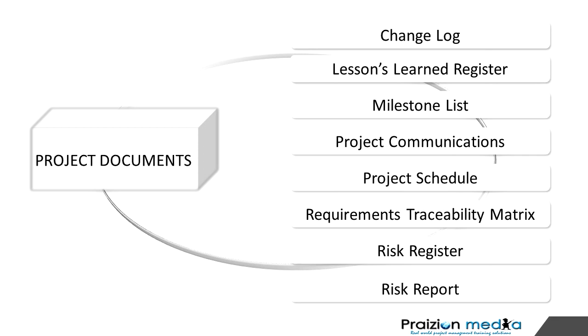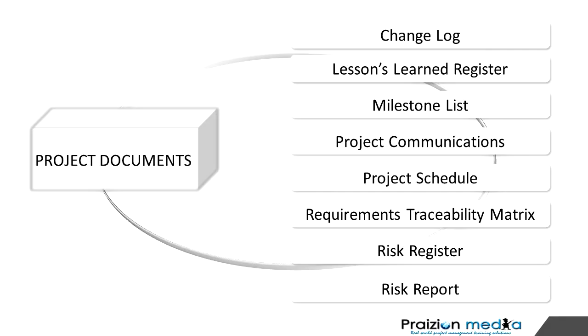Milestone list. Milestones tell us when work has to be done and when work should start. Project communications. We've got various project communications that could be looked at here. The project schedule, requirements traceability matrix, risk register, and any form of risk reports. All of these are used to drive work in the project management plan.